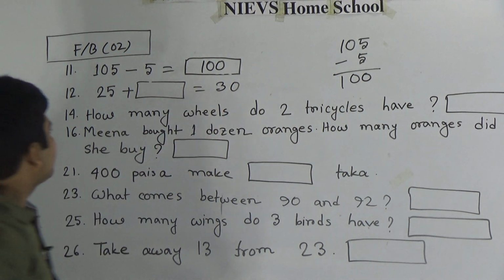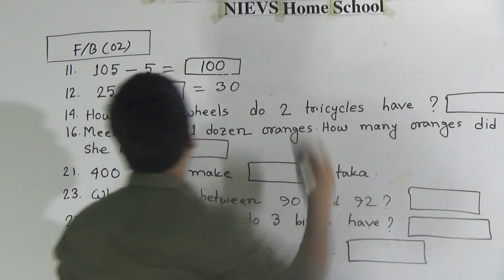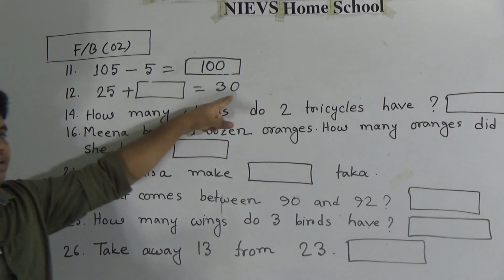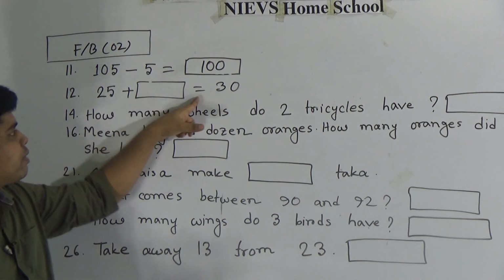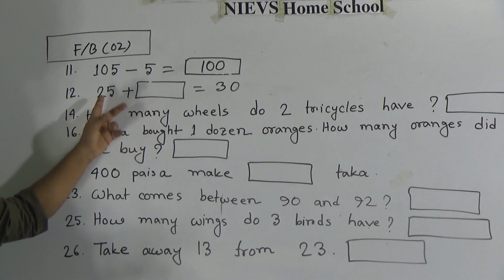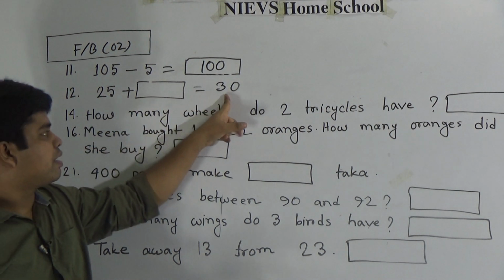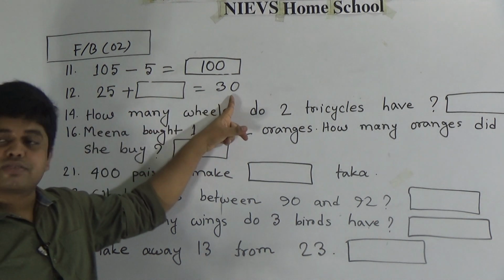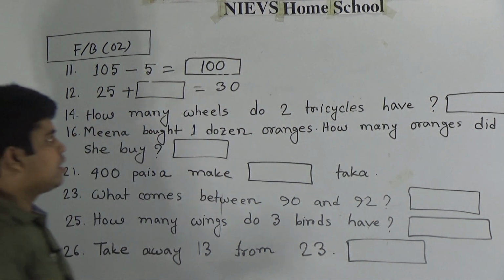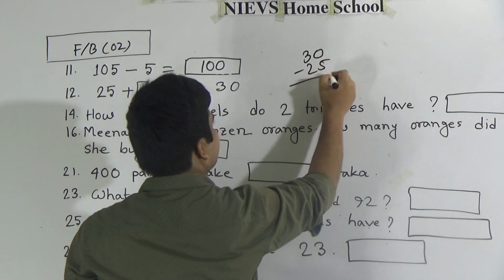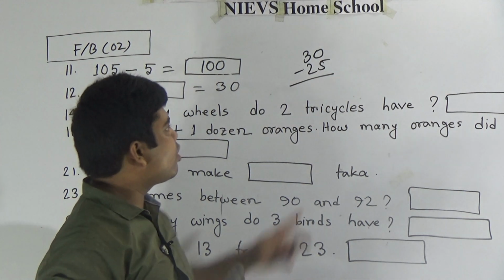Okay. Next question is question number 12. Notice, 25 plus gap equal to 30. My dear students, we need a number to add with 25 and we get 30. If we want to solve this type of question, we subtract this 25 from this 30 and we get the answer. Notice here, 30 minus 25. Here 0 is smaller than 5.